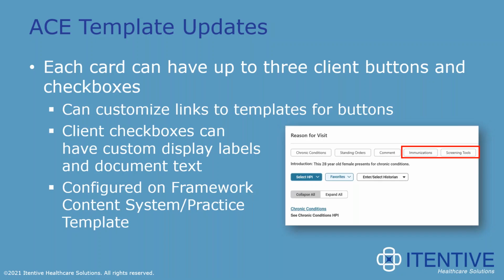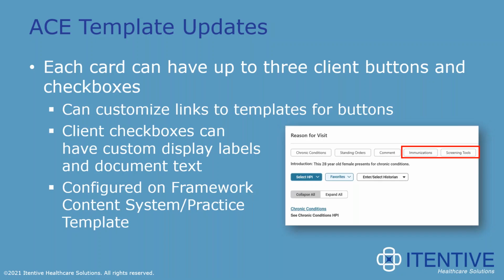So those client buttons can be configured to link to other templates. For example, like here on Reason for a Visit, we added buttons to take us to the immunizations template as well as screening tools. These are in addition to that normal sub-navigation link that we have at the top of the template. So this allows us to really customize even further, again, for one particular card.